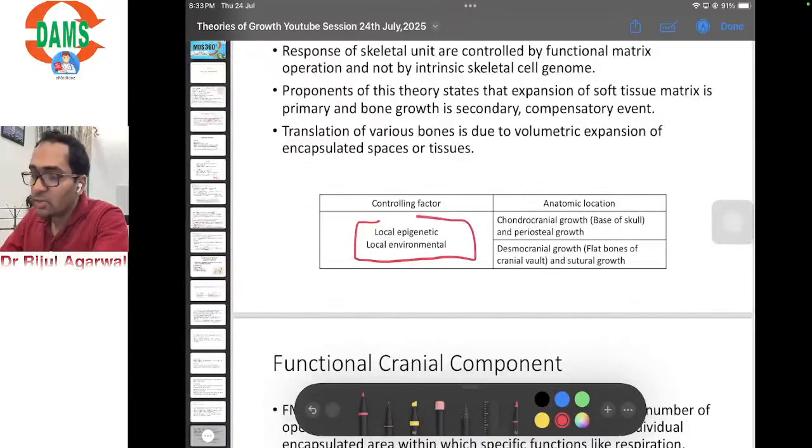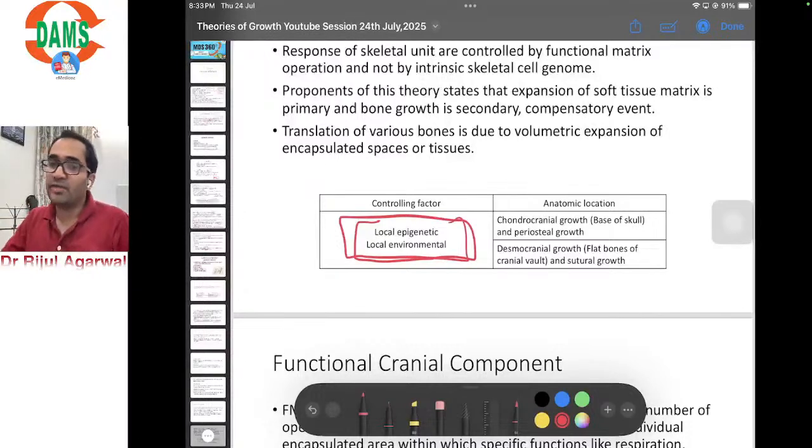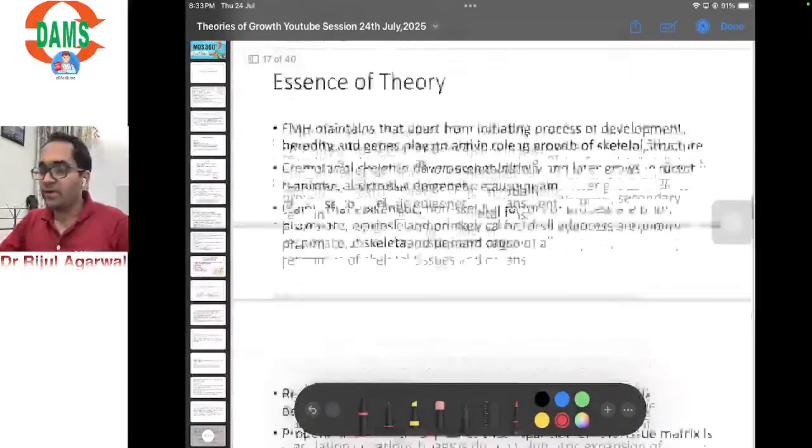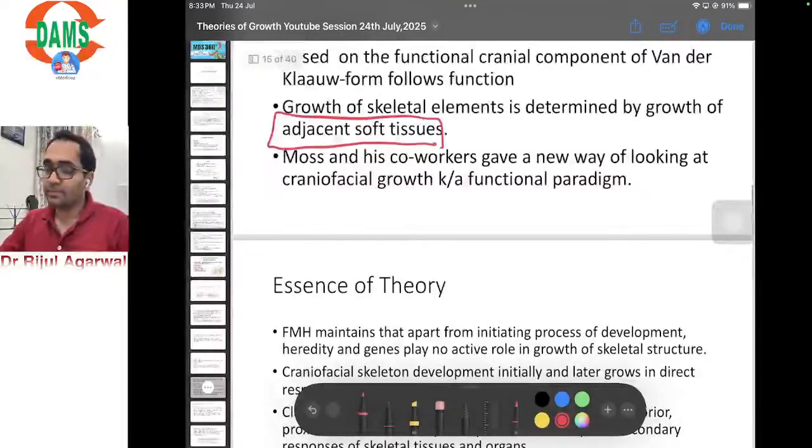It is just the local epigenetic and local environmental factors which are regulating the growth of the skull. So from 100% genetics we have moved towards a 100% role of local environmental factors. That's why there was a complete shift in the thought process.